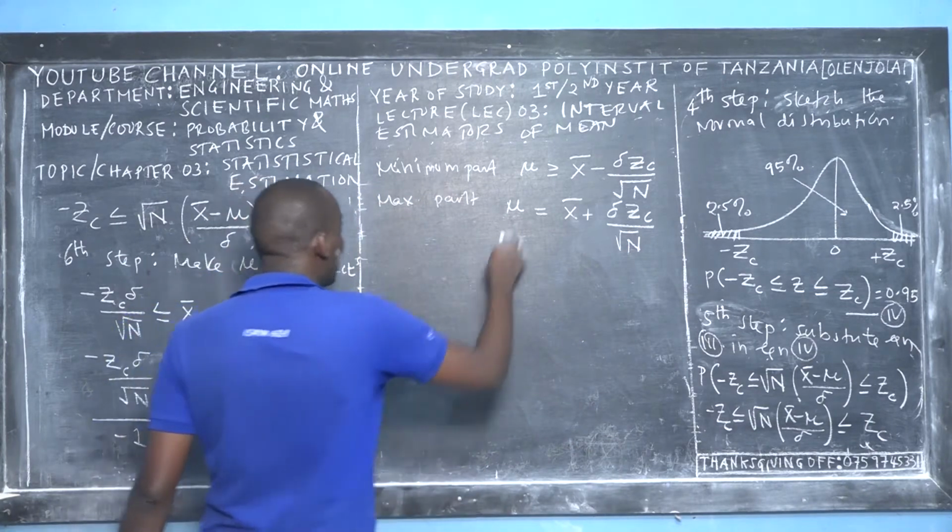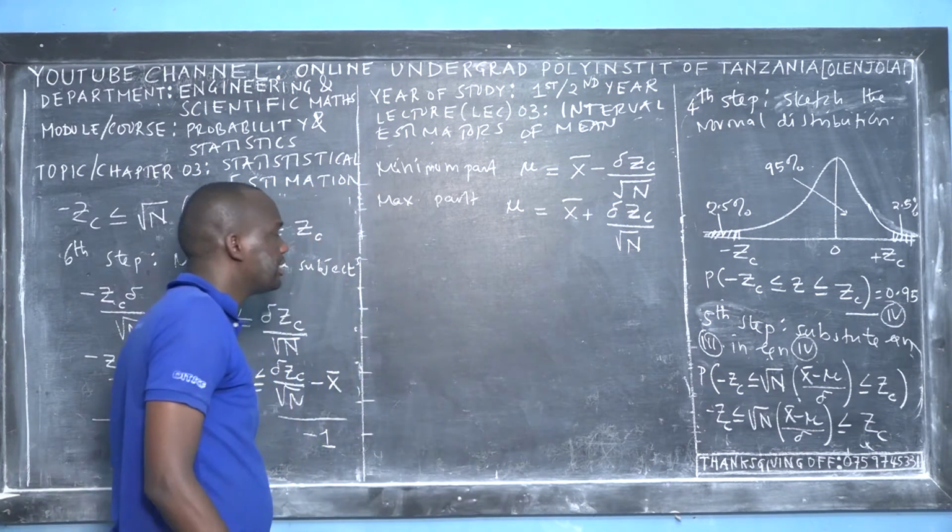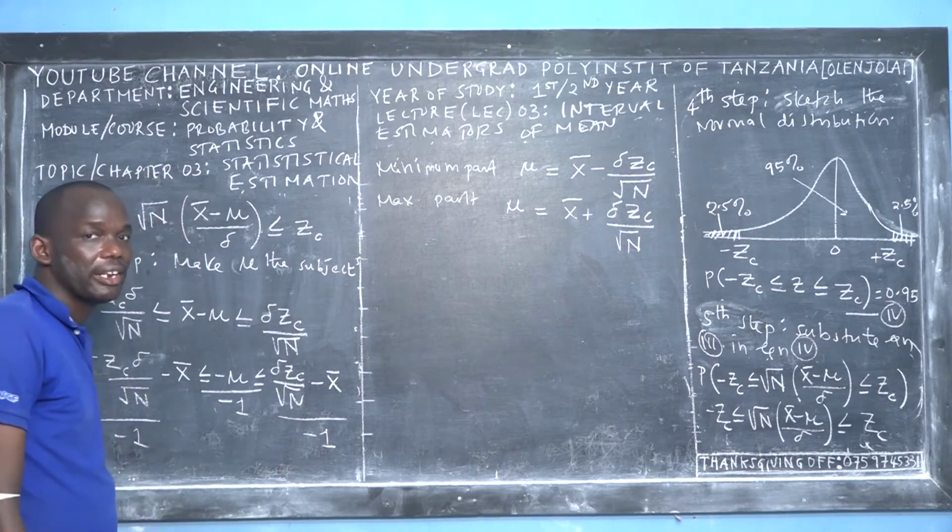So remember that when you have greater than or equal in probability, we can say we need a greater-than symbol, and then we can have a formula like that.